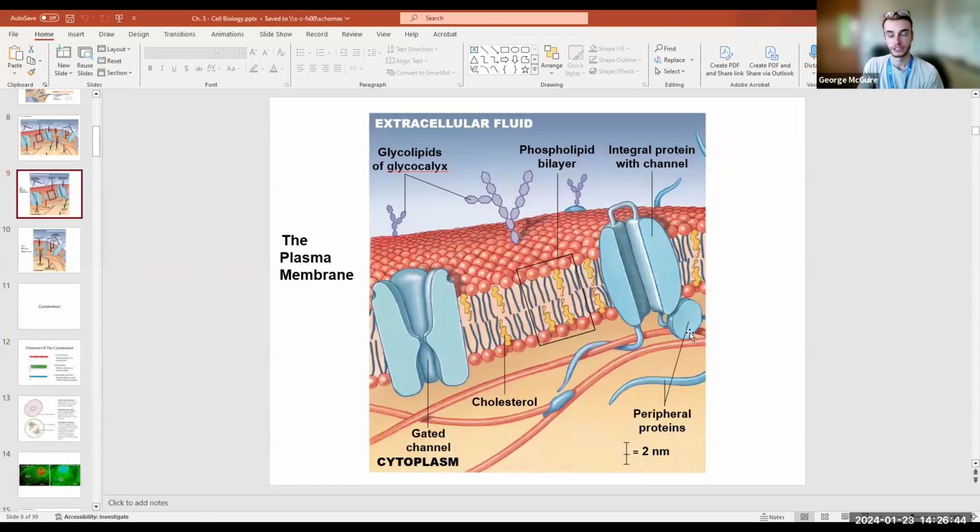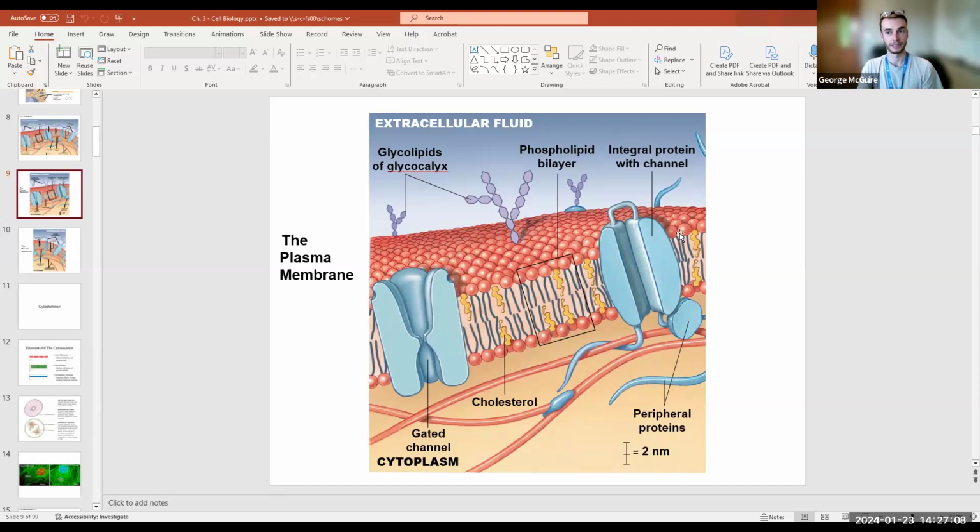So a peripheral protein is just going to be articulating with some portion of the membrane, but not going all the way across it. It could be connected to another protein, like the peripheral proteins you see here. And then an integral protein is actually embedded in the membrane.